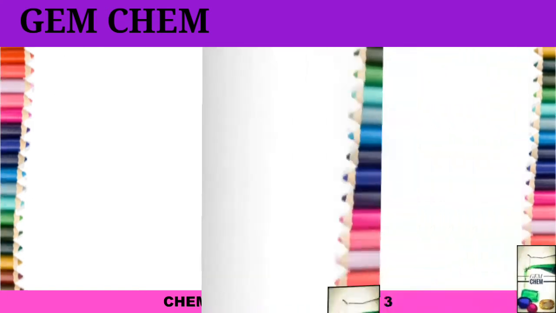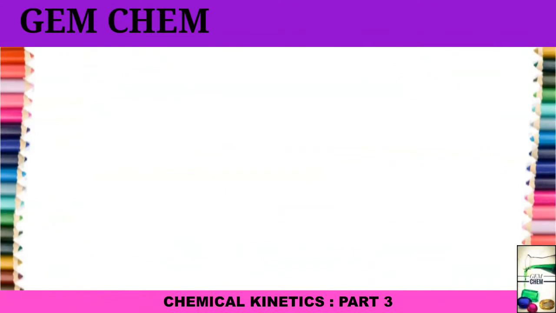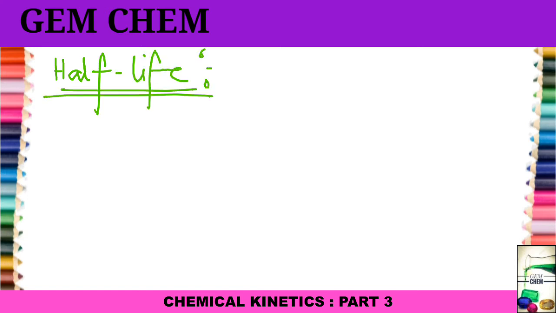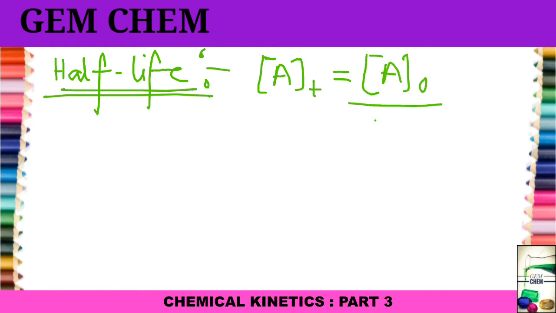Now we will see what is half-life for this case. We have already seen why we need half-life, in order to detect when the initial concentration becomes half, right? Now we will need to substitute At with A0 by 2 in the equation of second order.